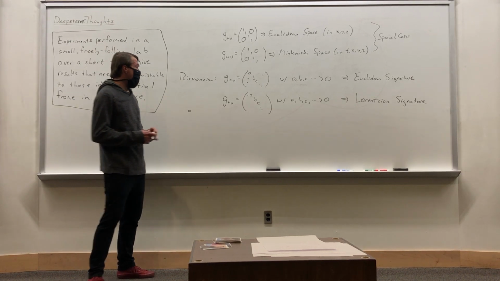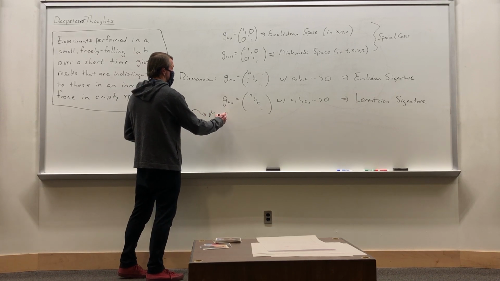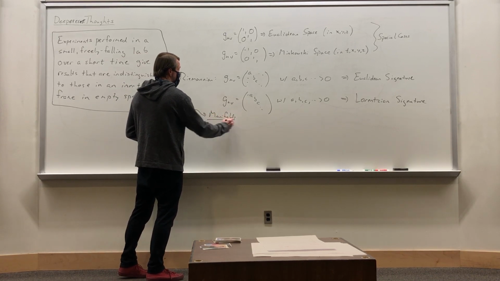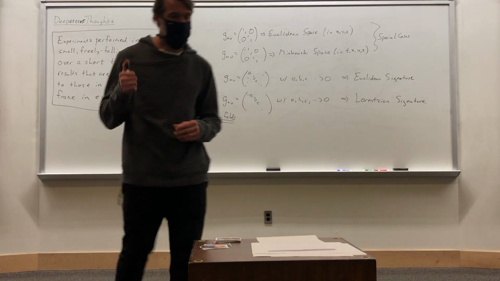Okay? Once again, this is going to lead us to the notion of manifolds. And giving these a technical definition is where we're going to turn next time. All right? That's it for today.